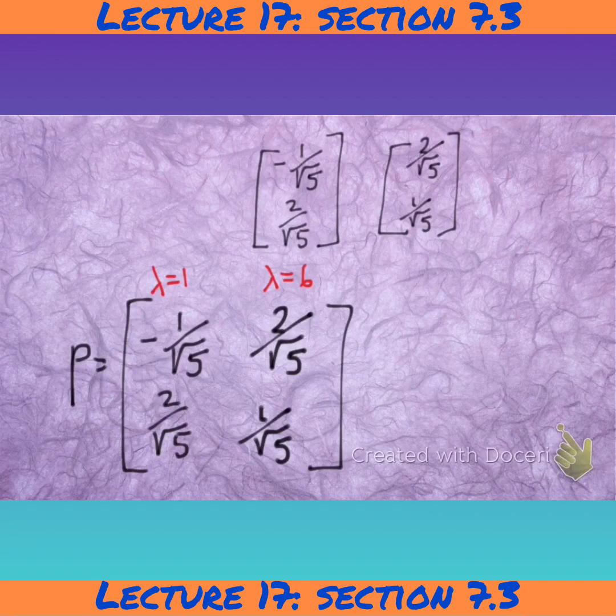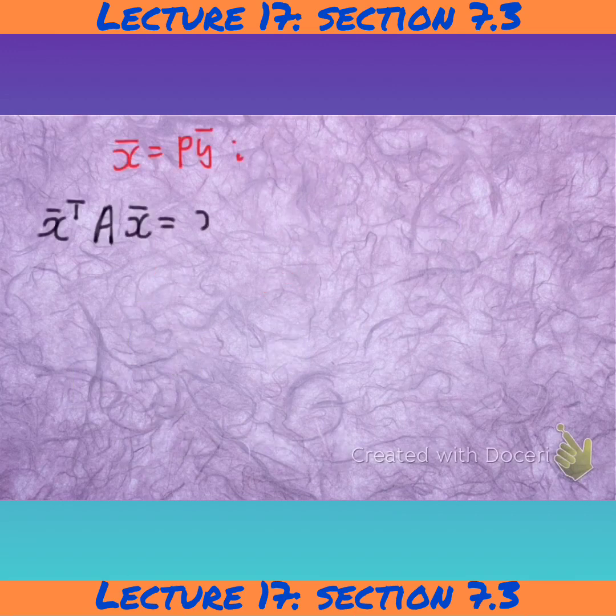and the second column corresponds to lambda equals 6. So your transformation then becomes, okay, that's going to be matrix A, and what I do is replace X with that part there, and I replace the other part there.